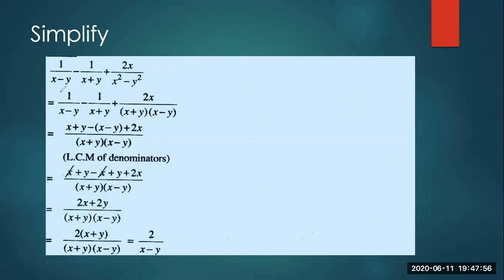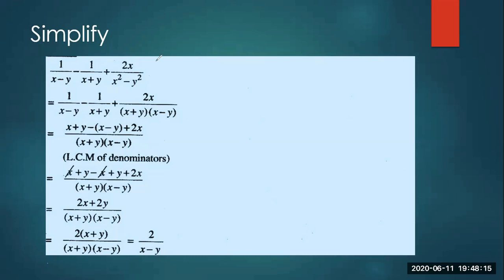In the first step, I'll write 1 over x minus y, minus 1 over x plus y, plus 2x. The denominator was x squared minus y squared. Applying the formula of the square, it becomes x plus y into x minus y.